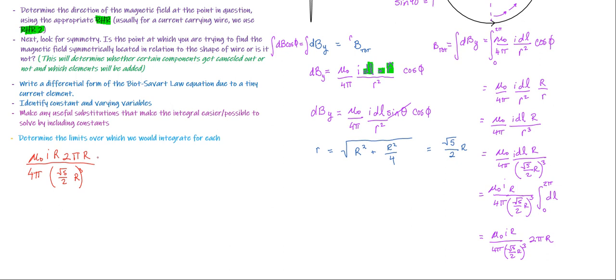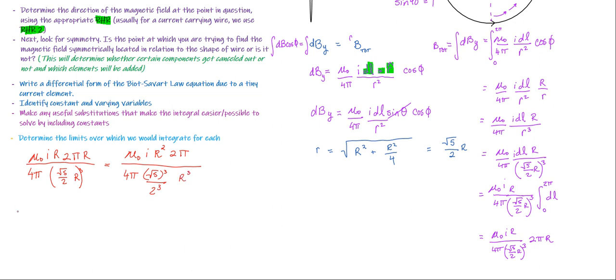Okay, so the next thing here is we're going to do this cubing, and so I'm going to end up with mu naught times I times r squared, times 2 pi over 4 pi times root 5 cubed, over 2 cubed times r cubed.